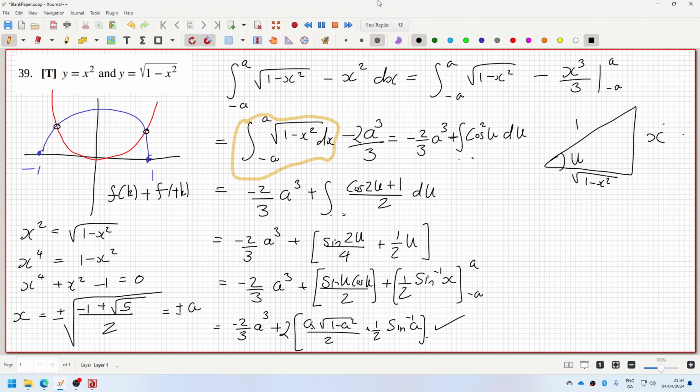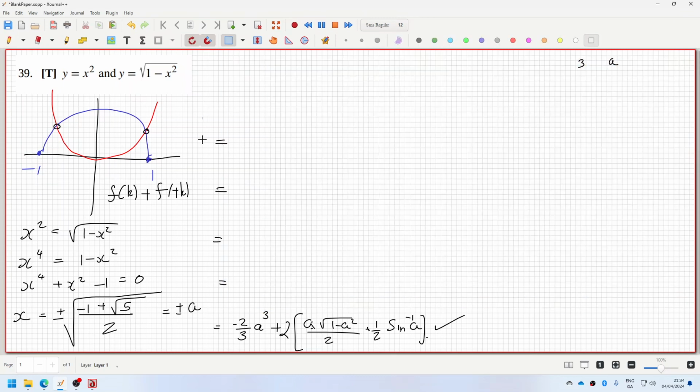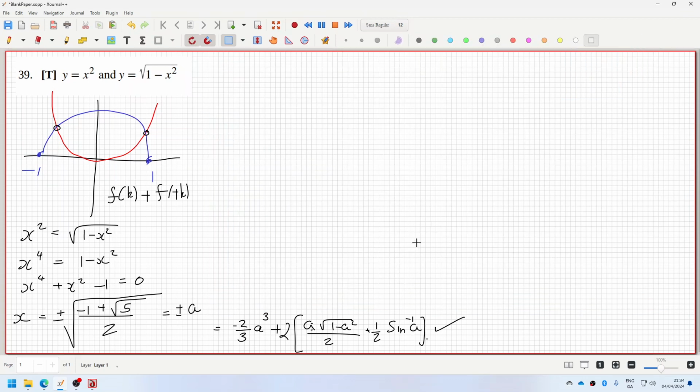So it means the final answer, you want to write it out numerically, which I'm going to put up the top here. Final answer is minus 2/3 root of minus 1 plus root 5 over 2, cubed.